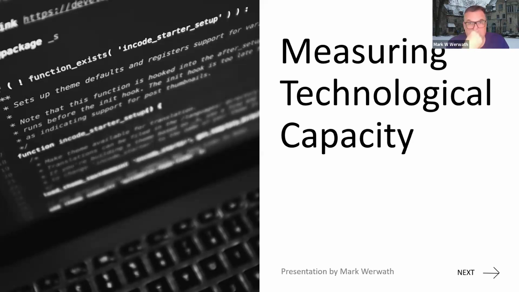So this goes beyond simple headcount and understanding how many people you have. It gets into such things as what is their availability, what are their skills, what are their capabilities. An end-to-end system requires multiple skills.